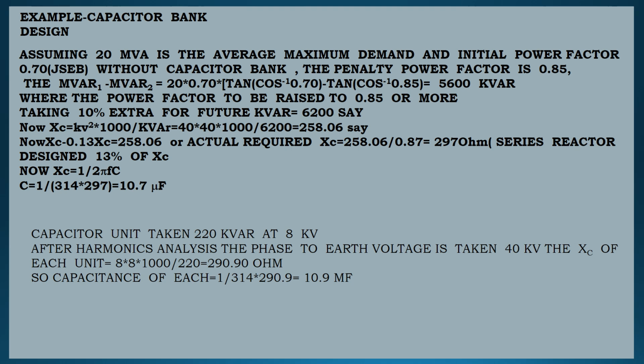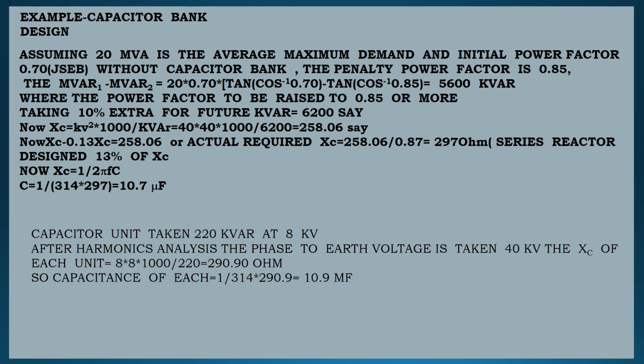Now Xc minus 0.13 Xc: this Xc is the resultant Xc of the capacitance and the X to neutralize the XL value. The required Xc, that is 0.13 Xc, 13% of the Xc, will be the rating of the series reactor. So the resultant Xc will increase.